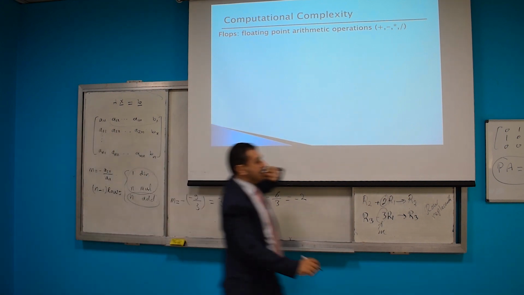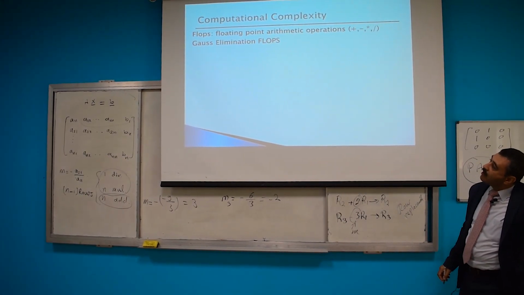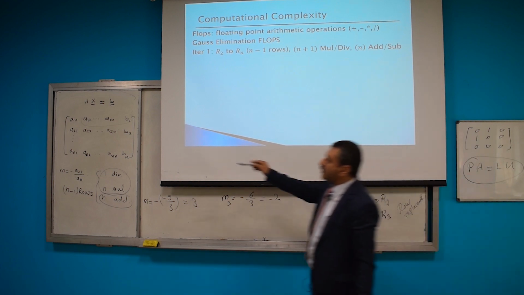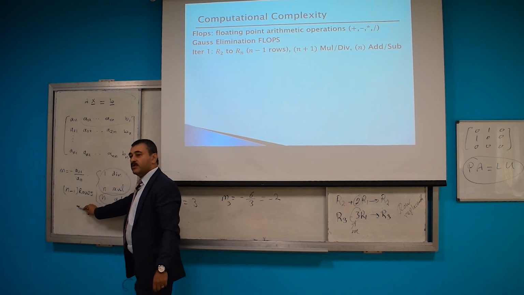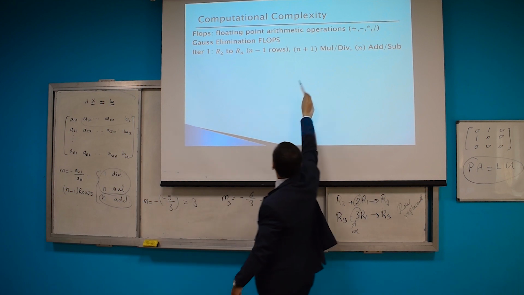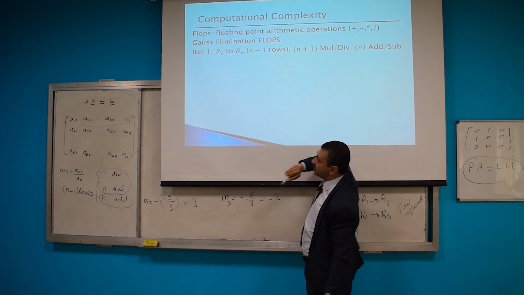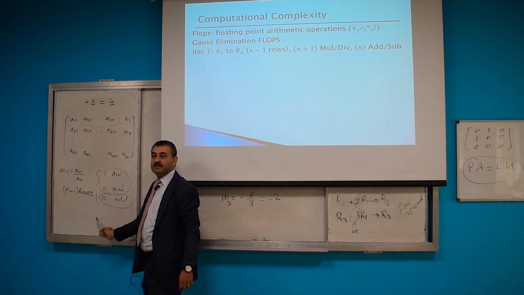So let's write it here. So in the first iteration, to get zeros here, I need n minus 1 rows multiplied by n plus 1 multiplication and division, and n additions. Right?